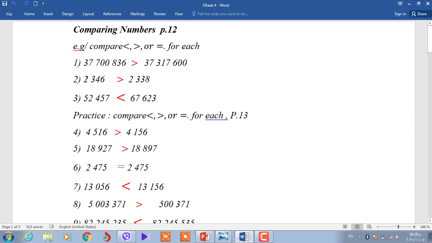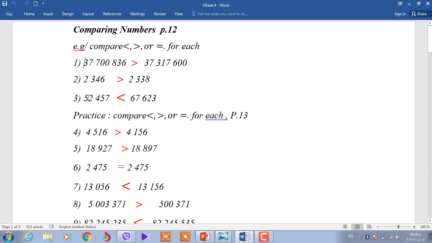In practice example 2 we have 2,346 and 2,338. We have 2 in 1,000, 3 in 100, and 4 in tens versus 3 in tens. Because we have 4 in tens and 3 in tens, they're different, and 4 is greater than 3, so 2,346 is greater than 2,338.